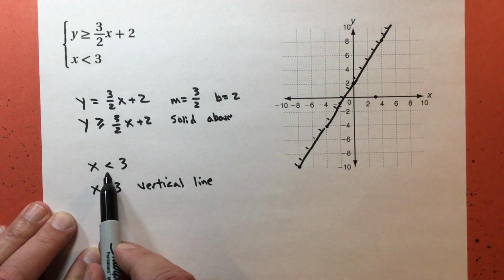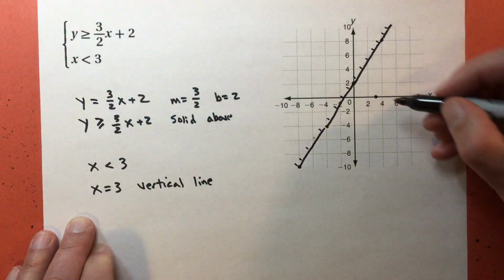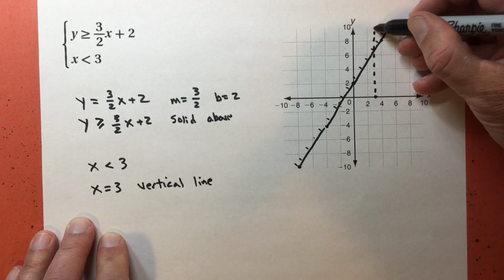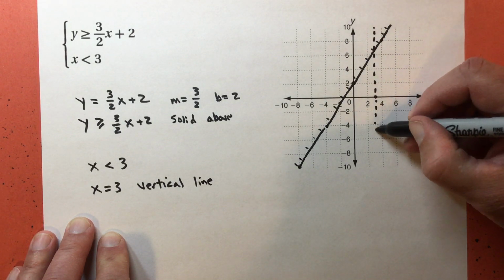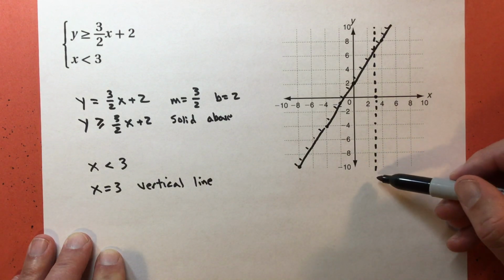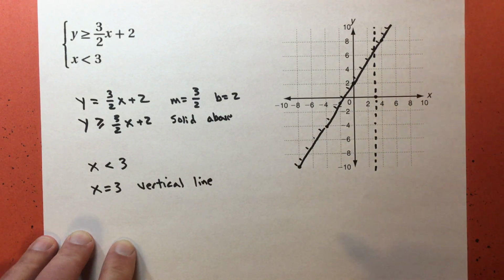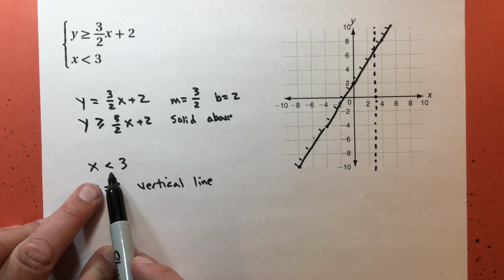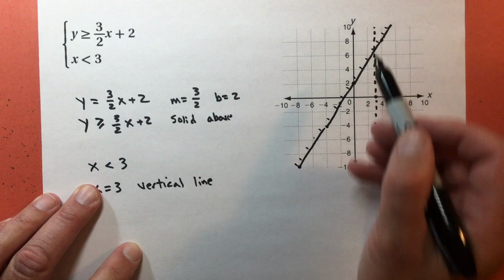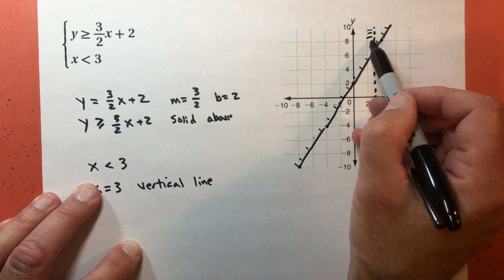Before I do it, is it solid or dashed? It's going to be dashed. So I'm going to make my dashed line just like this. And again, going all the way from the top to the bottom. And which side am I going to shade? I'm going to shade to the left. I want the x's that are less than 3. So I'm going to actually shade this way.